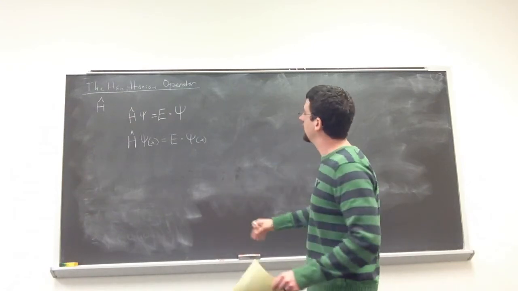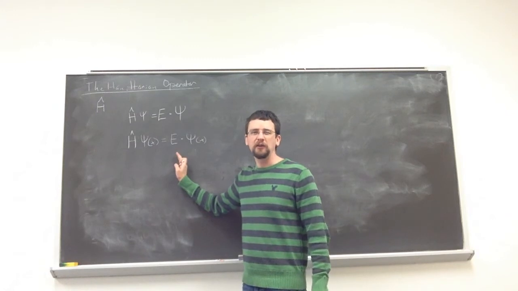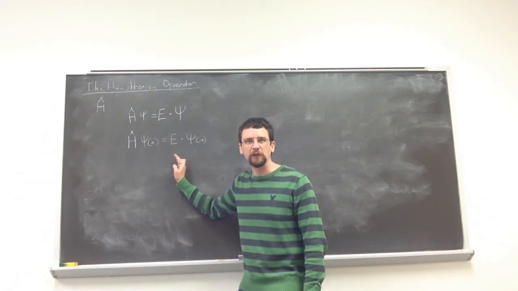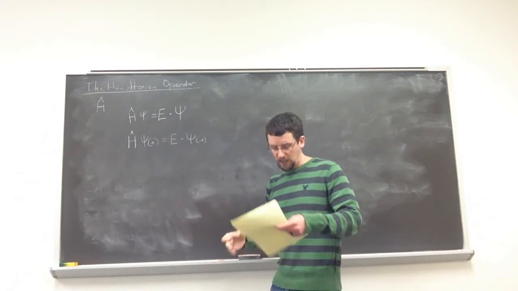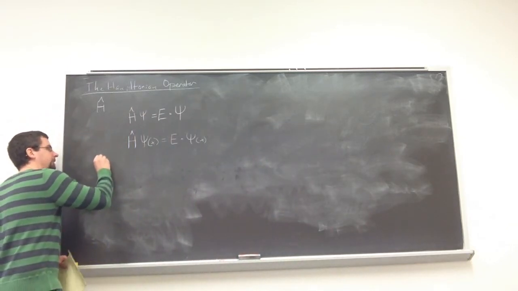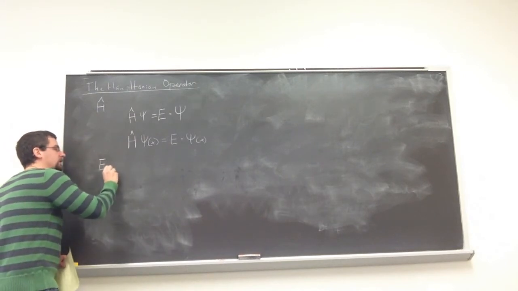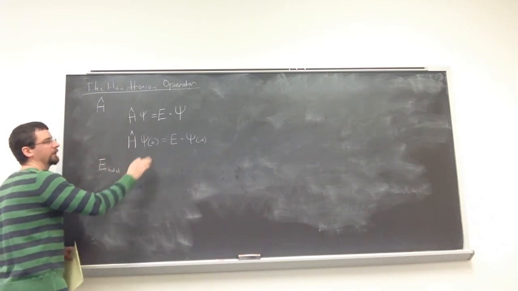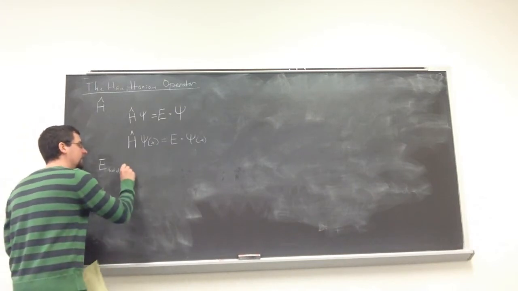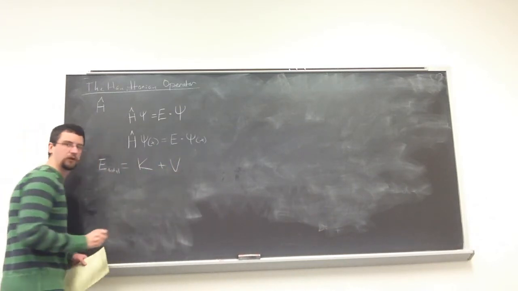Okay, and we know about energies, we're trying to get the total energy. Energy can always be thought of as two flavors, potential and kinetic energy. So we know that our total energy, E total, or in this case just E like we have, is a combination of the kinetic energy and the potential energy.